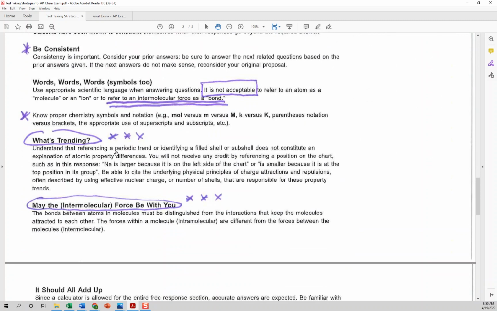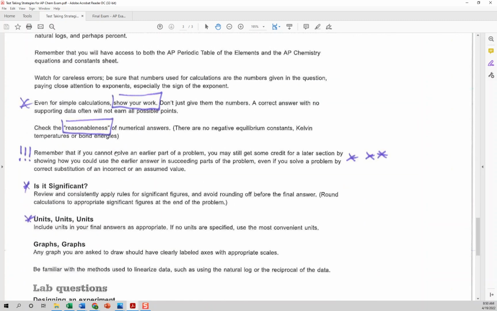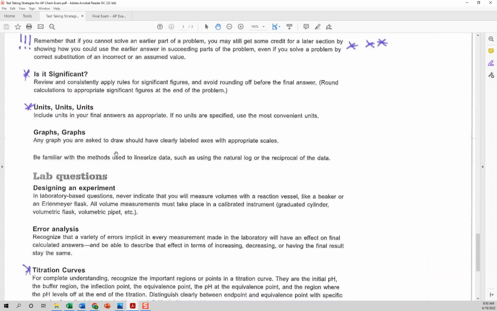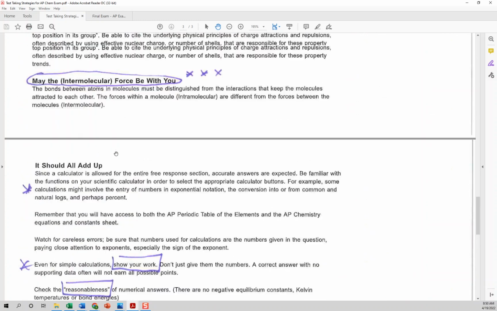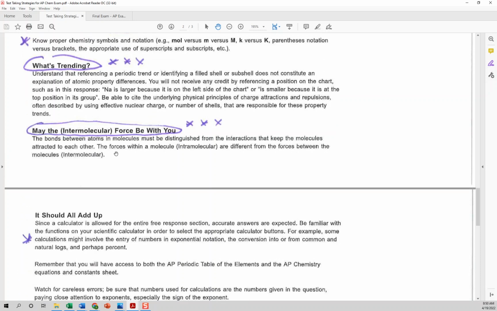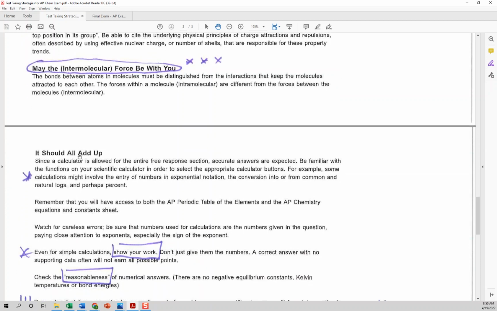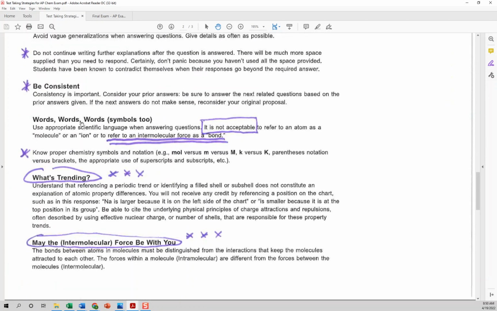The other main thing is, make sure you're using the right words. Remember when I yell at you when you use the word bond for IMFs? May the intermolecular force be with you, okay? The forces within a molecule, intra, the forces between molecules, inter. Where does it say? Oh, words.